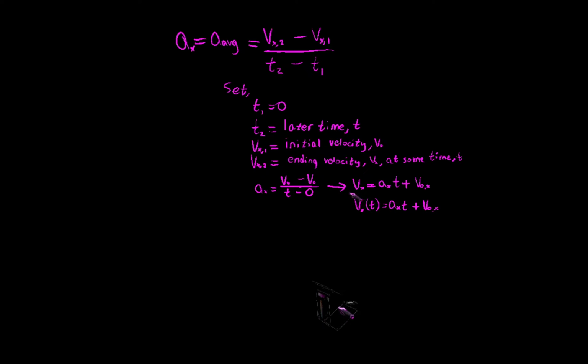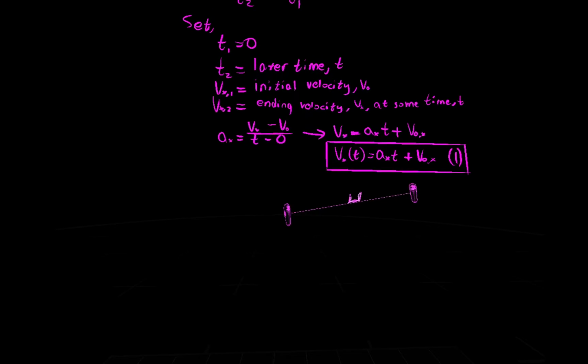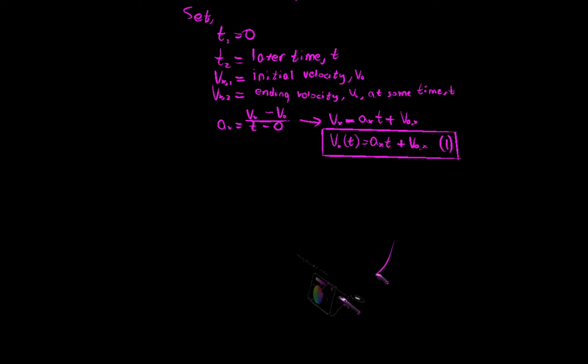So this is the first equation here that you can use only when acceleration is constant. That's the only time, and I'll say it's equation 1 here. Only when acceleration is constant.